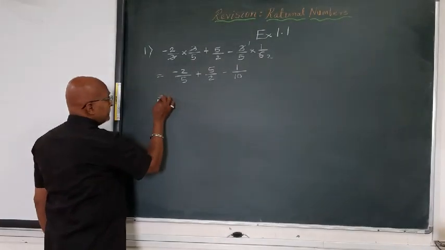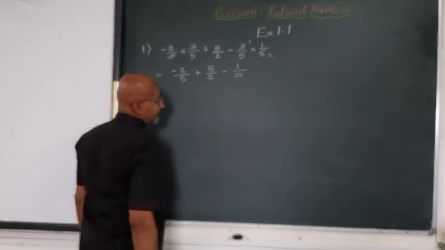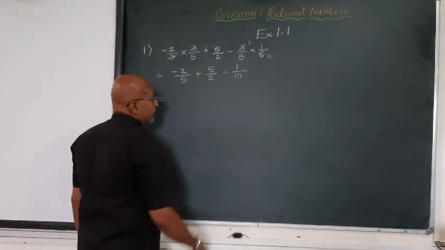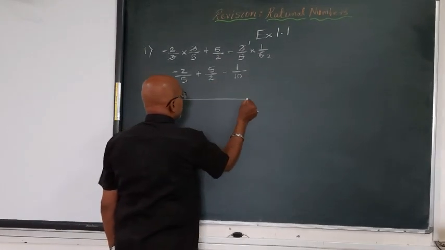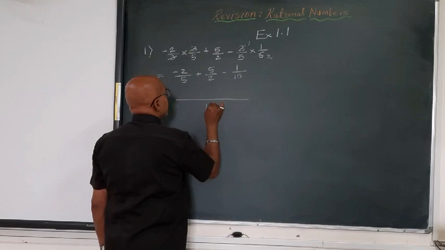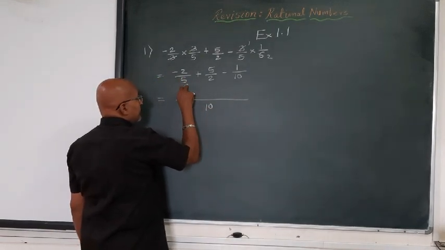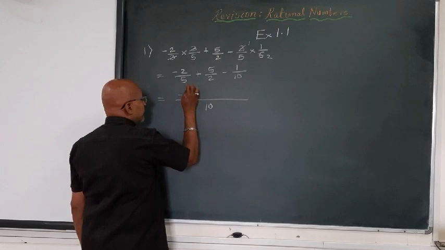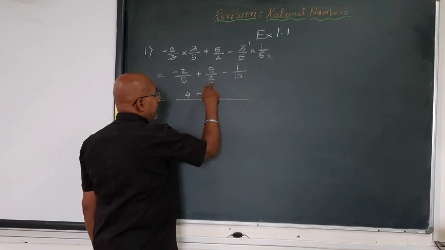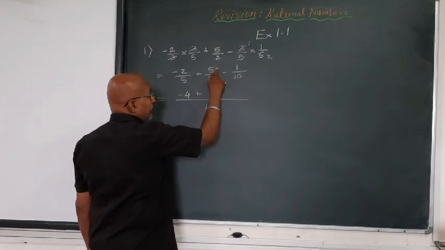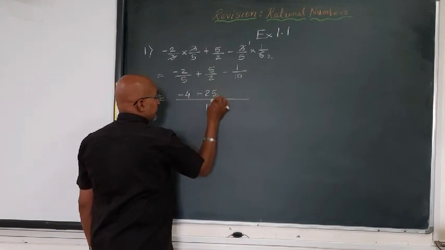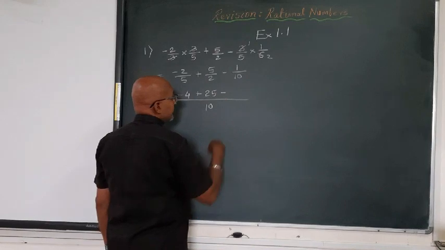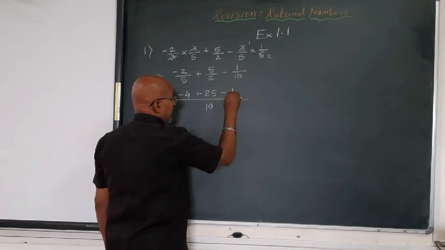After that what we have to do, we have to take the LCM, as the denominators of all 3 terms are different. The LCM of this will be 10. So we will take the LCM as 10. 5 2s are 10. So -2 into 2 is -4, plus 2 5s are 10, means here also you have to multiply by 5. So 5 5s are 25 and minus 1 upon 10, so 1 as it is.